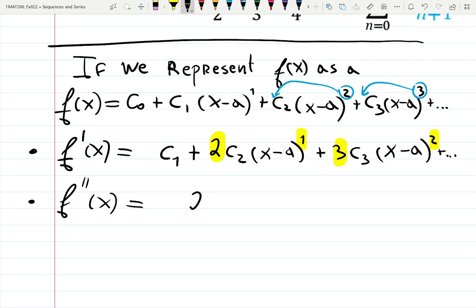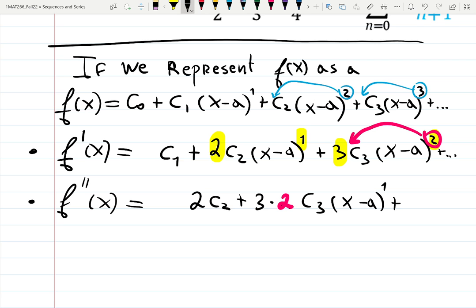So now we will have 2 c sub 2 standing by itself, right? Because x minus a prime is 1. Plus 3 times 2, because this 2 now also goes down, but multiplies by 3. Maybe let's color code it, 2 c sub 3, x minus a, and now it's raised to the 1.